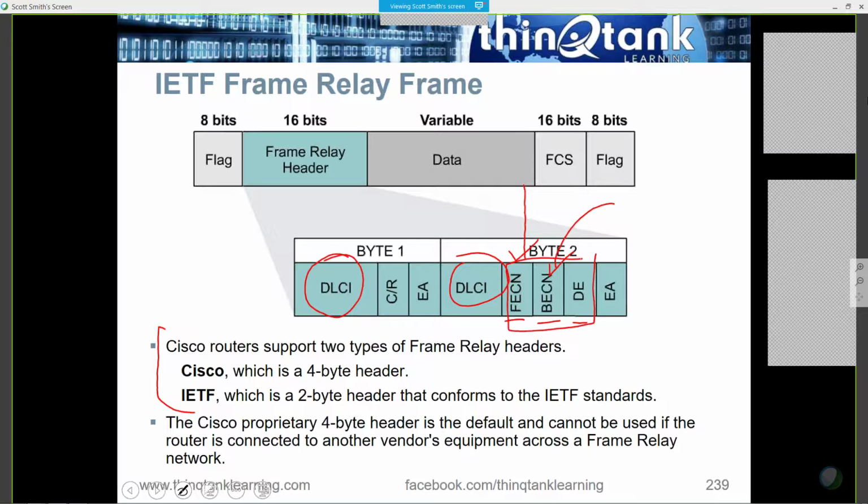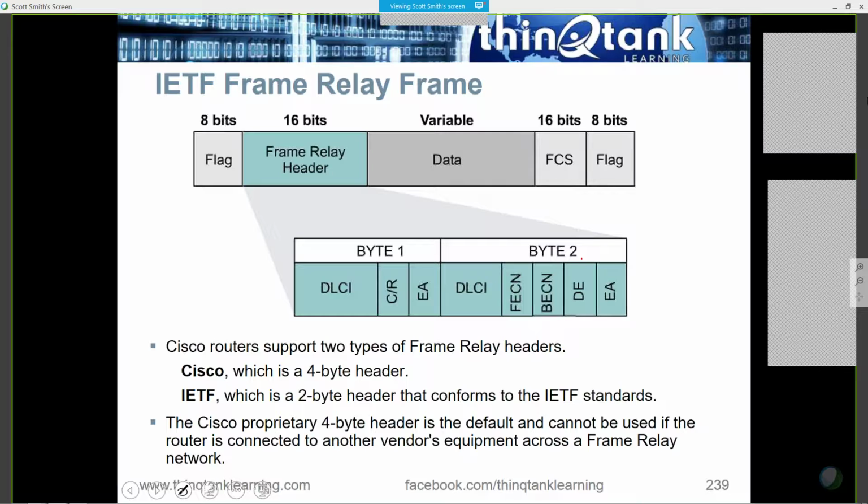So there's really no prioritization in frame relay. That's why MPLS became very popular, because MPLS actually has a 3-bit field for QoS. Frame relay had a very rudimentary way of managing flow, but it didn't have a way to prioritize.